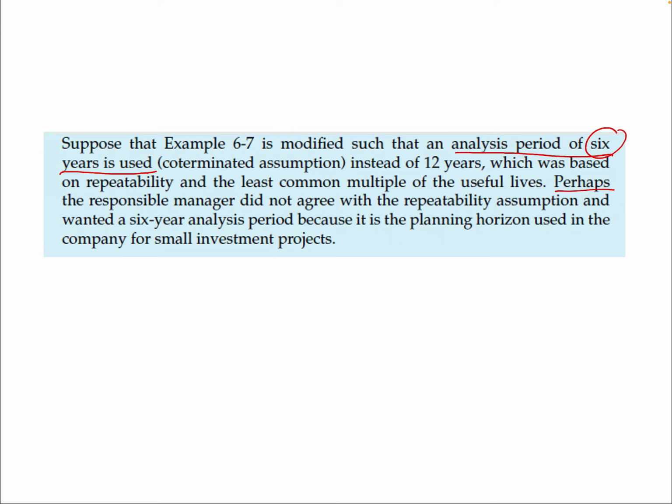Okay, so there are many reasons why we might want to use 6 years instead of 12 years. So now the study period is 6 years, and how can we extend the 4-year option A to 6 years? Okay, so we said we want to use the reinvestment method to deal with this situation.